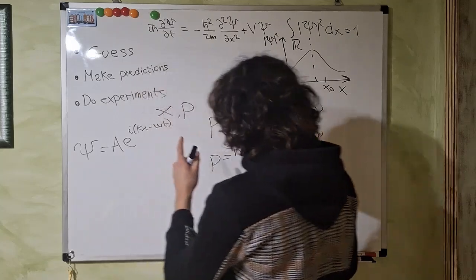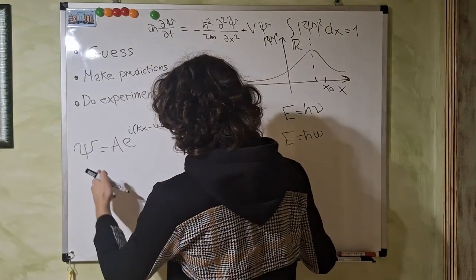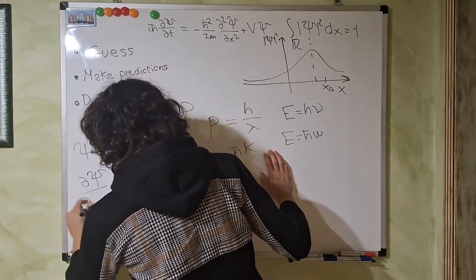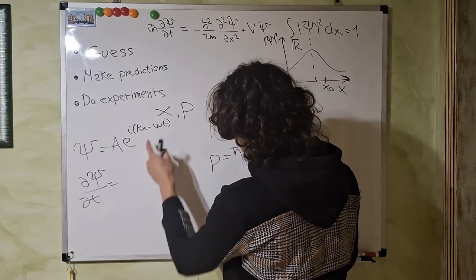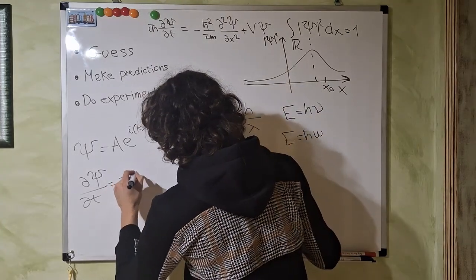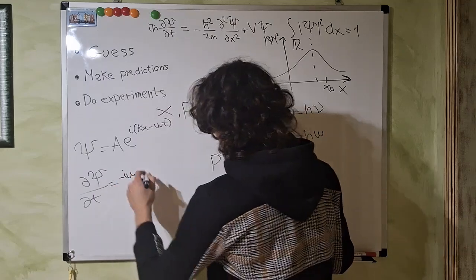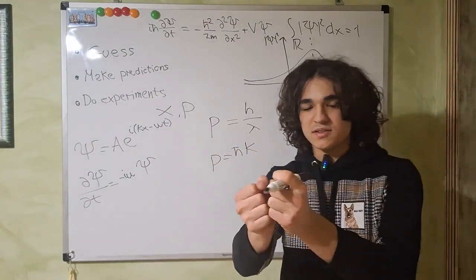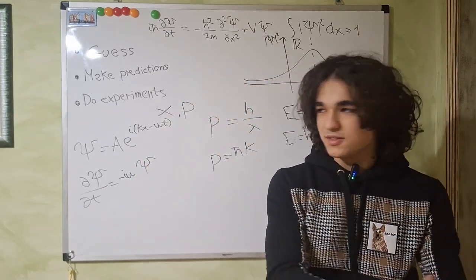So he noticed the following thing. If you take a derivative with respect to time of this quantity, look at what happens. You get a minus i omega in front, and then you get the same function. This is how the exponential works. You take the derivative and you get the exponent to the front.